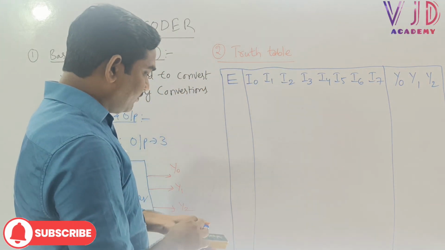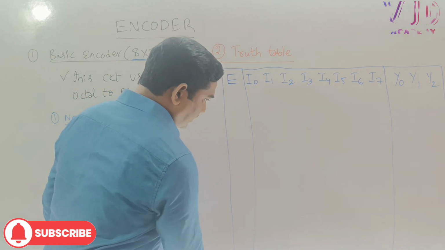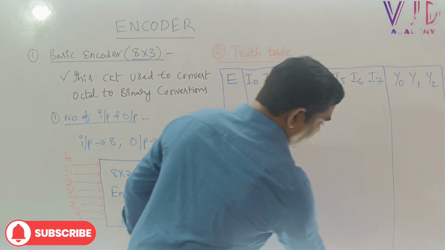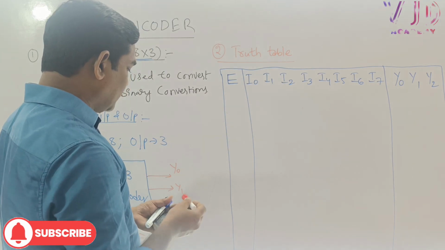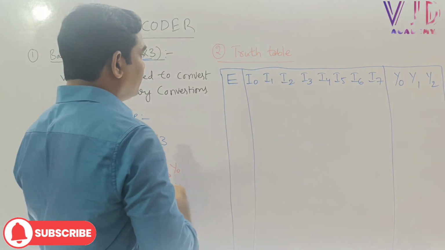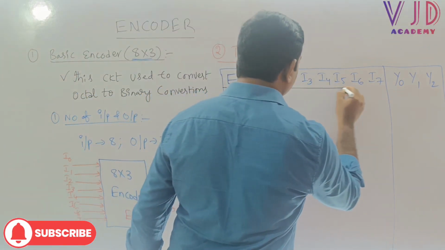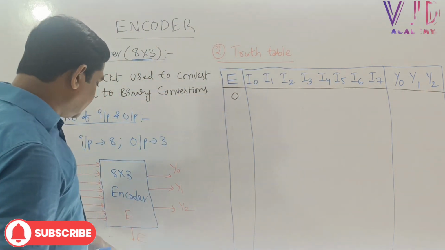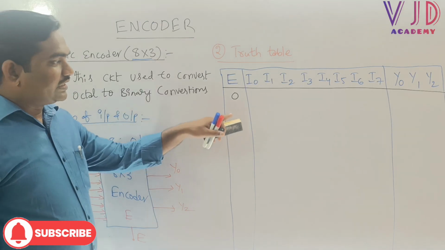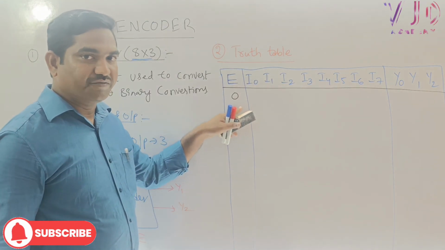Sir, remember one thing always when you are trying to draw a encoder, decoder, truth table. Here suppose enable input is 0, which means this is, we can say that, a power on off switch.